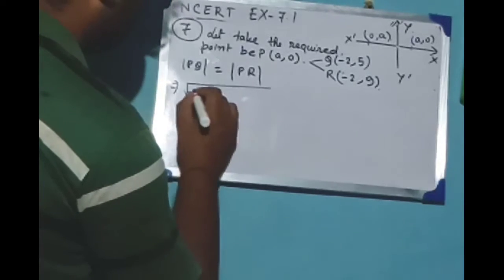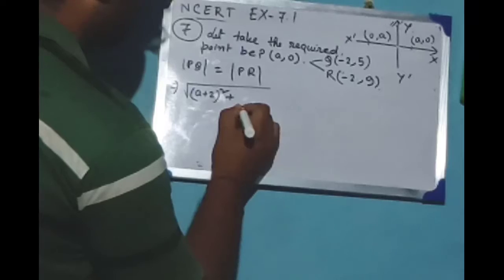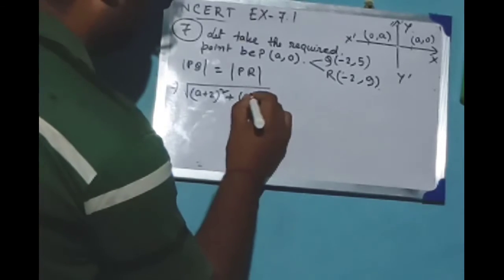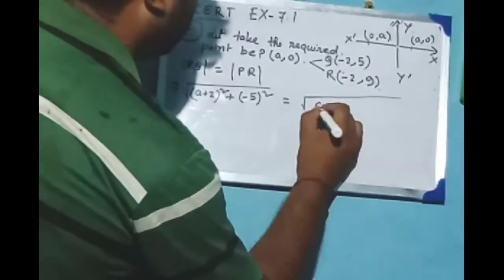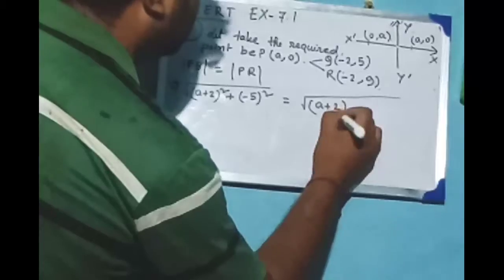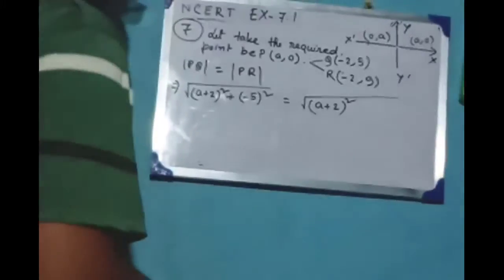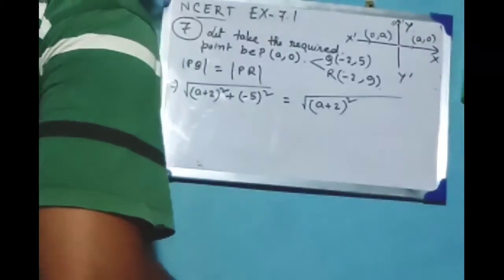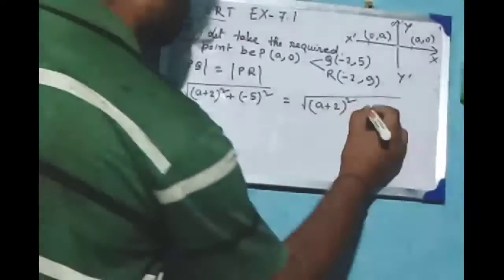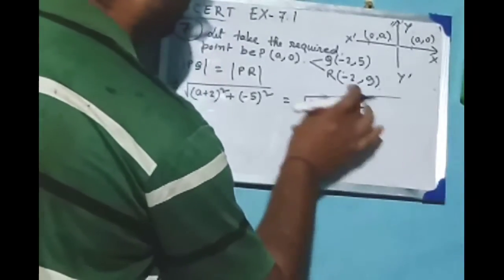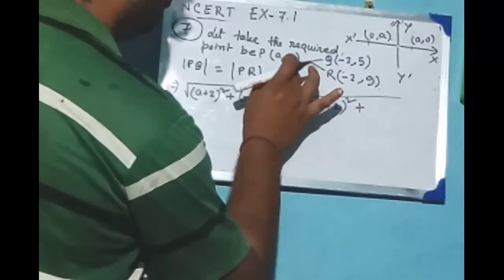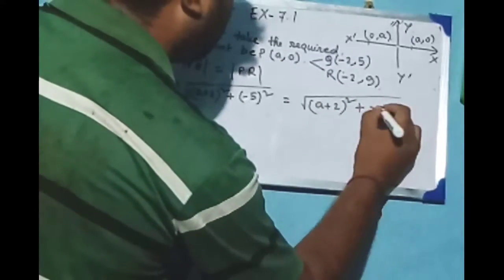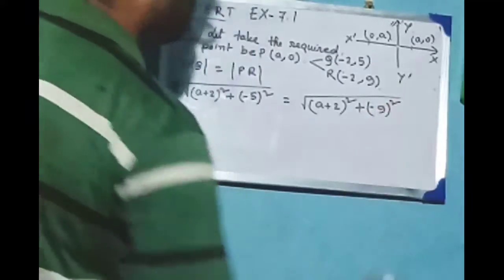Now PQ equals root under of (a minus 2) whole square plus (-5) whole square, which equals root under of (a plus 2) whole square plus (-9) whole square.